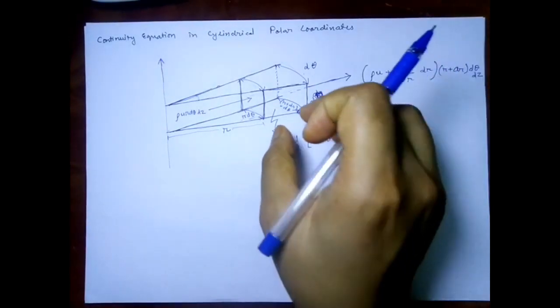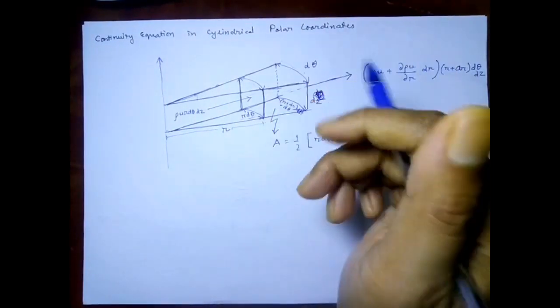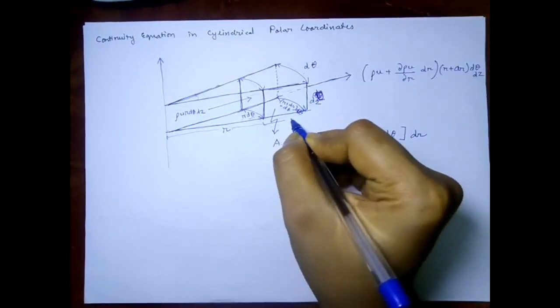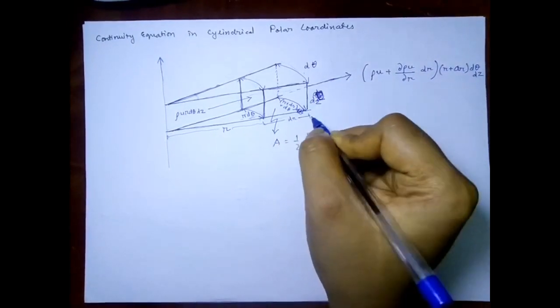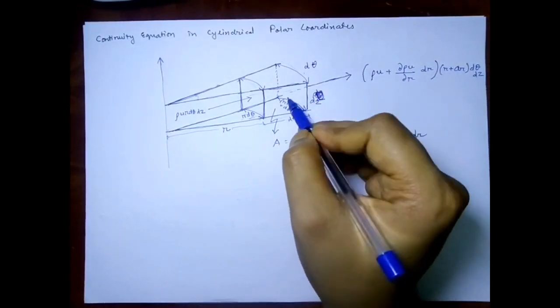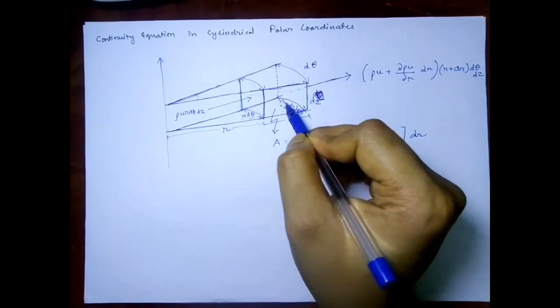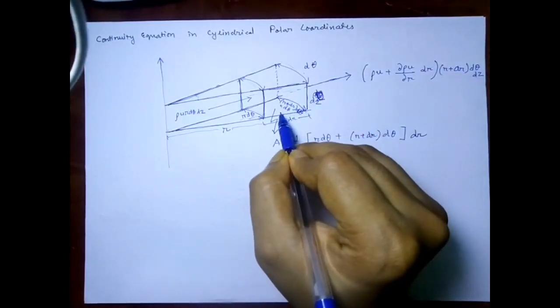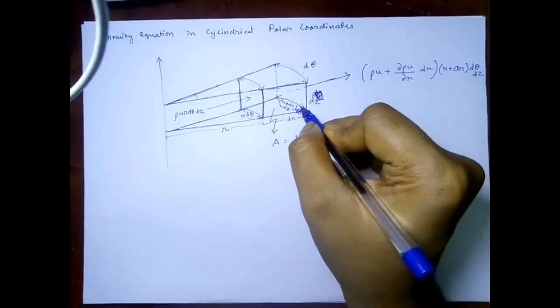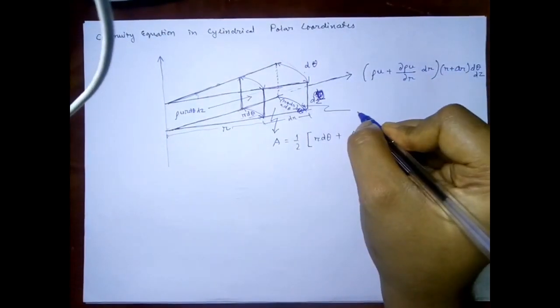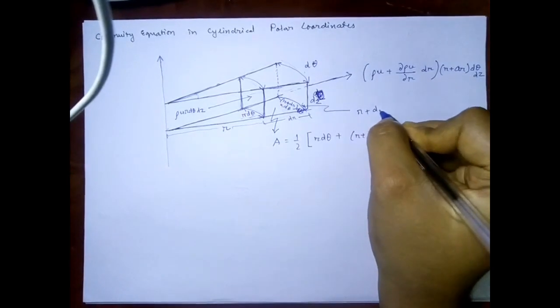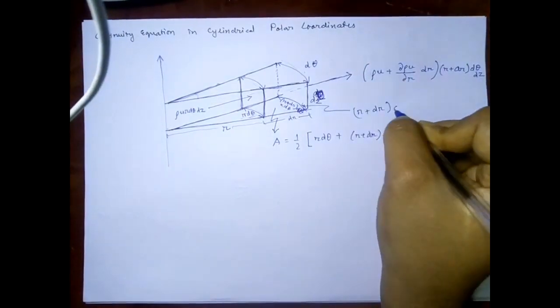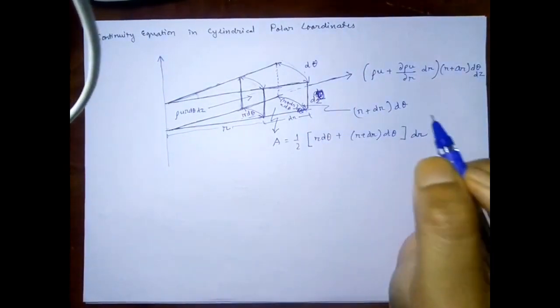And similarly, suppose this length is dr, and then the length of this arc will be r plus dr times d theta. This particular arc length is r plus dr times d theta.